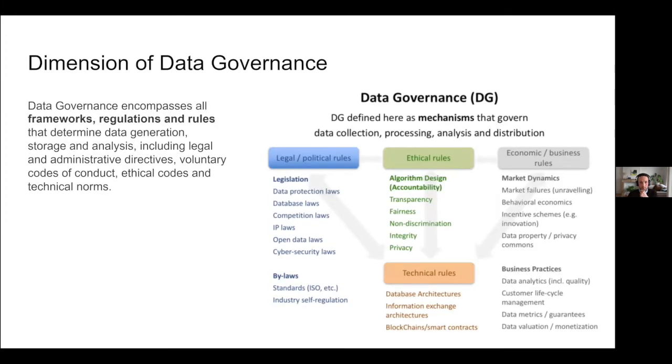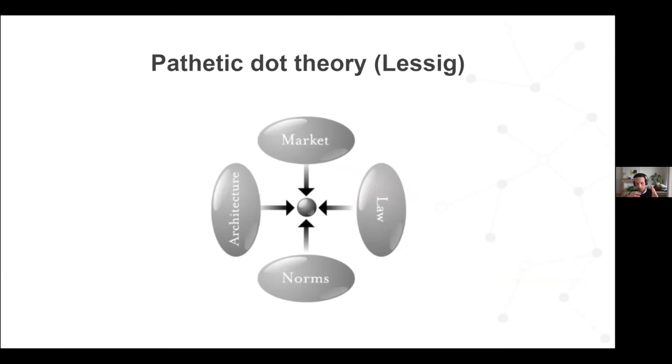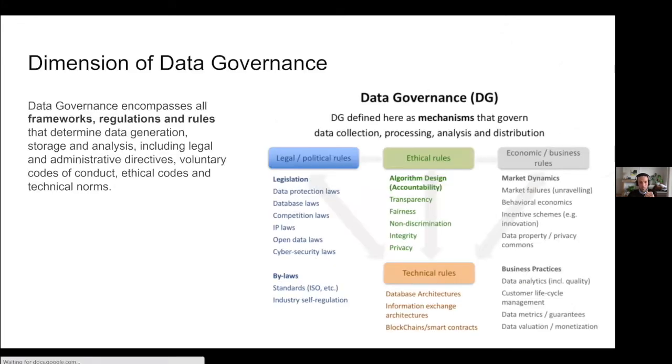And so, as I said, my sphere of interest and my professional expertise thus far has focused on data governance.